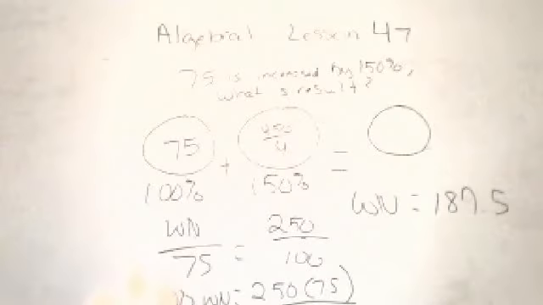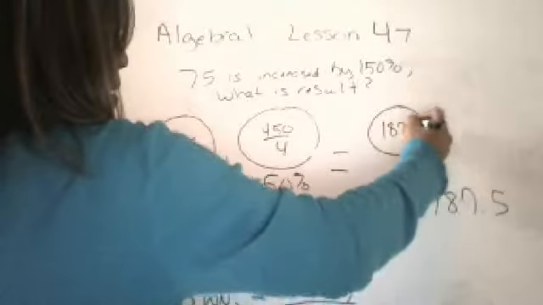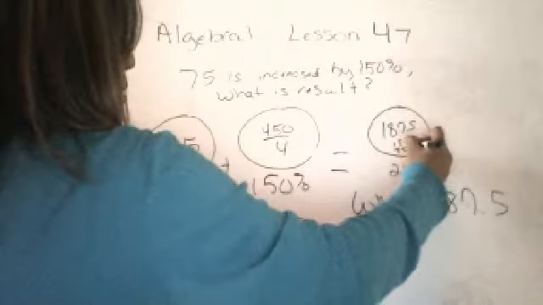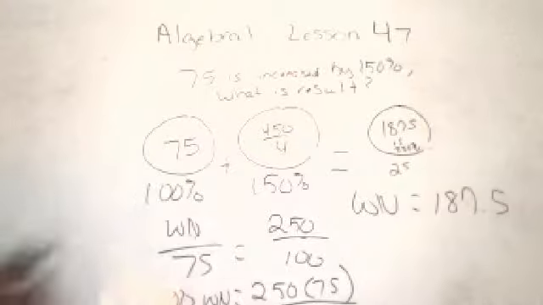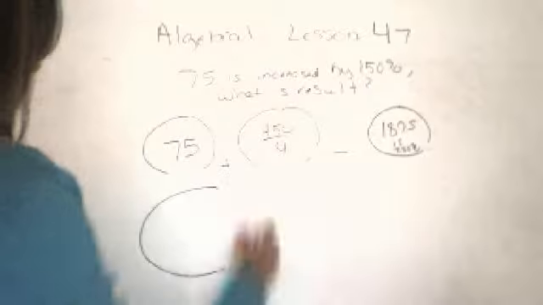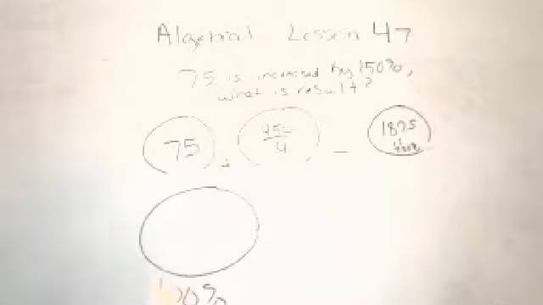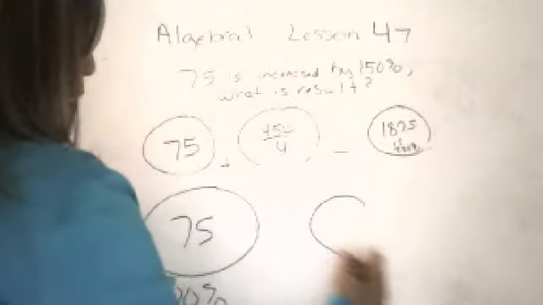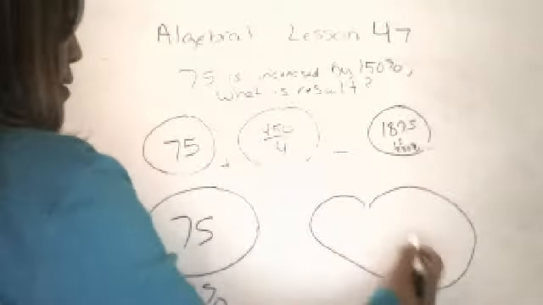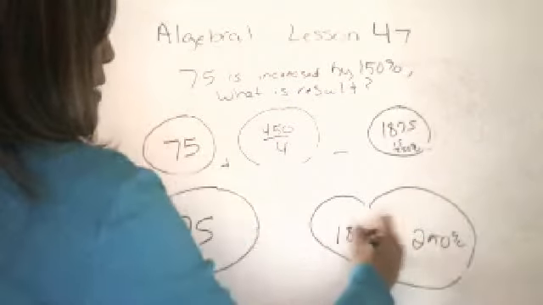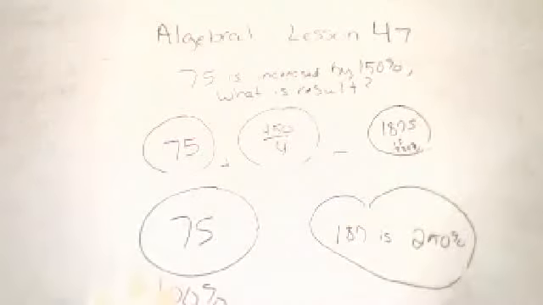And 250%. So you could draw it this way, is 250%. Or you could just draw one circle and say you started off with 100% of 75, and you ended up with this crazy circle that said 250%, 187.5 is 250%, and this is the after.